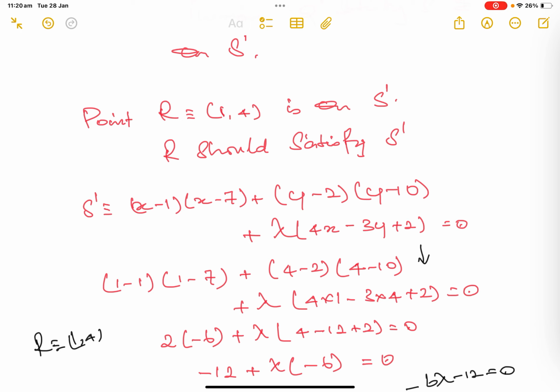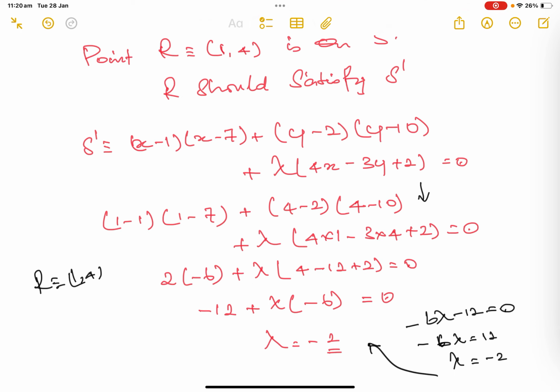So let's substitute those values: x equals 1, y equals 4. If we substitute that, we get (1 minus 1)(1 minus 7) plus (4 minus 2)(4 minus 10) plus lambda times (4 times 1 minus 3 times 4 plus 2).